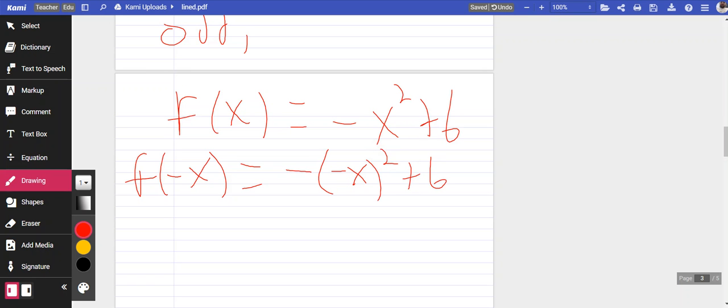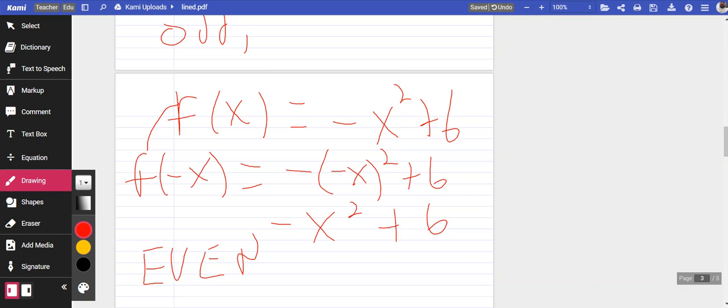Well, what's negative x squared? Negative x squared is positive x squared. Then this becomes negative x squared plus 6. You see f of x and f of negative x are the exact same thing. No sweat, that's even. And that means I'm symmetric with respect to the y-axis, so I have linear symmetry.